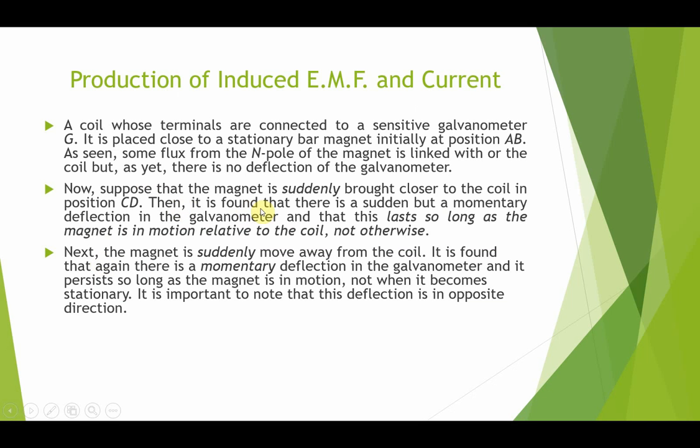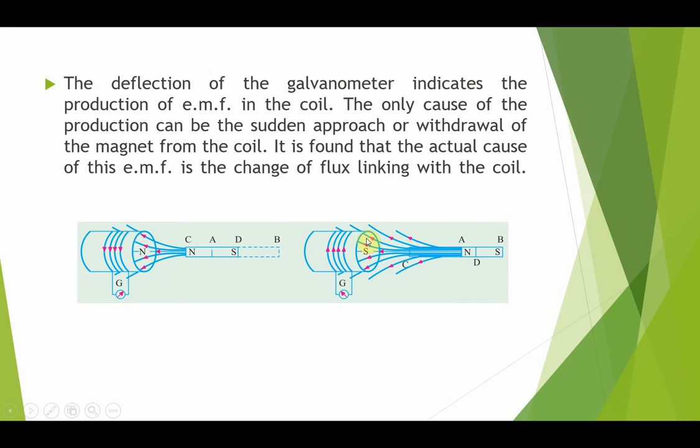Then it is found that there is a sudden but momentary deflection in the galvanometer, and this lasts so long as the magnet is in motion relative to the coil, not otherwise. When the bar magnet moves from position AB to CD, there is a momentary deflection in the galvanometer because of the flux change in this coil.